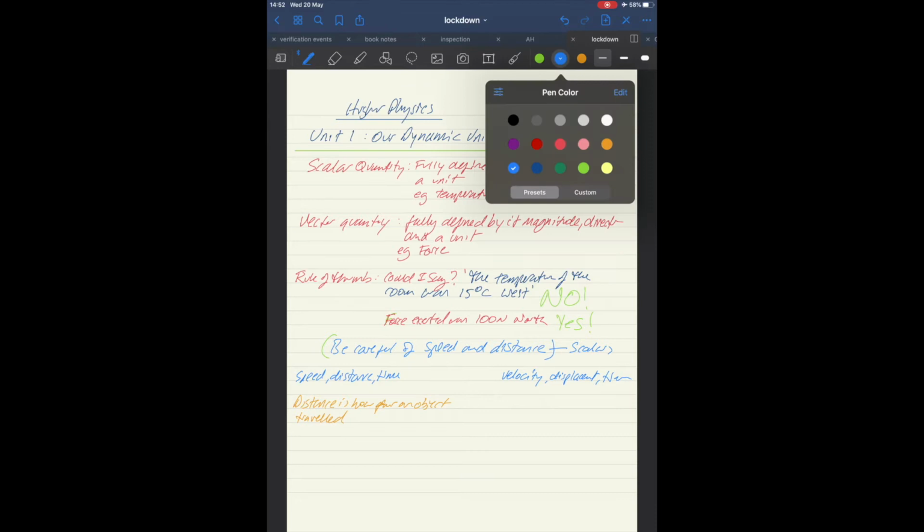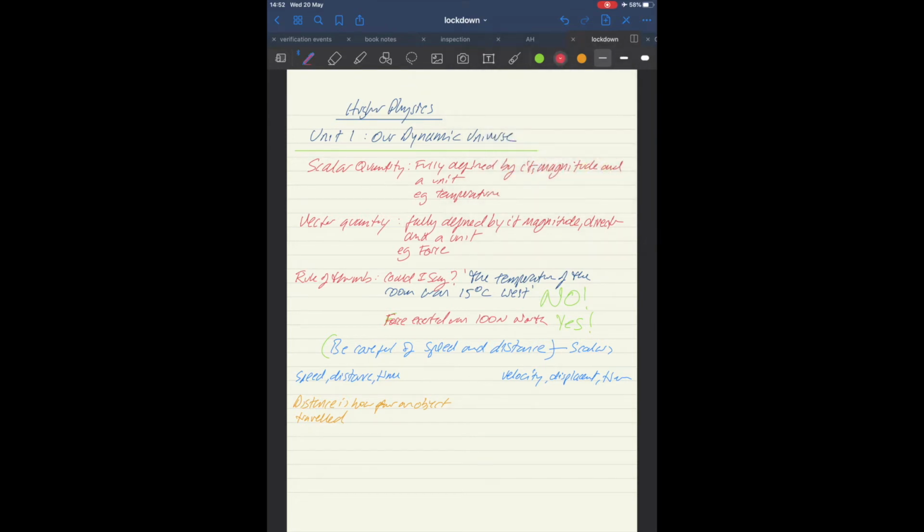Whereas displacement is how far away and in what direction an object is from its starting point.